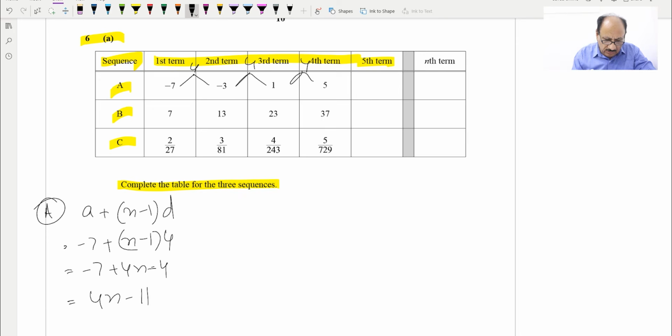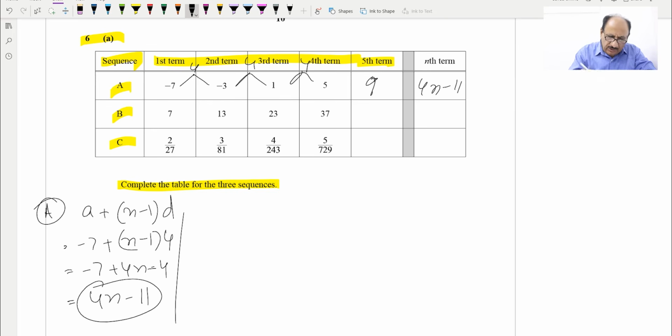This will be our nth term. And the fifth term will be what? We'll add 4 to this, so 5 plus 4 will be 9, and the first part is done.